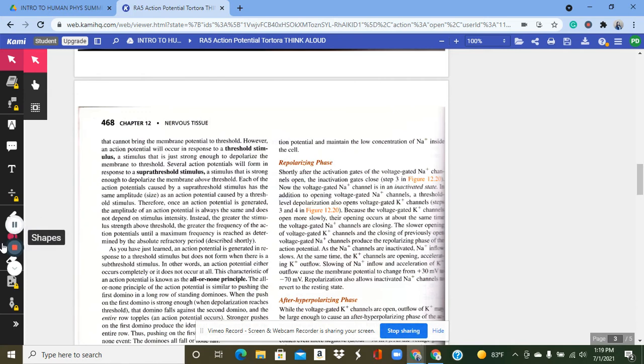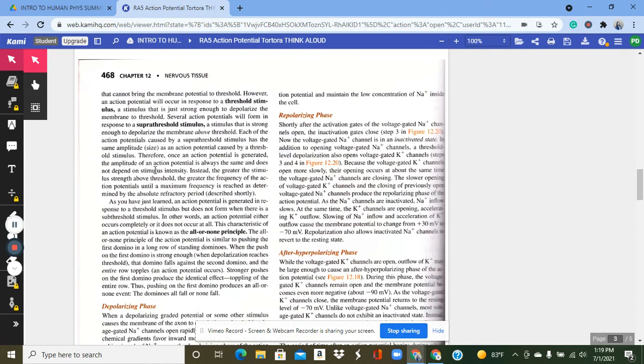And basically the absolute refractory period, from how I interpret it in this text, is a brief interval after a successful stimulus.